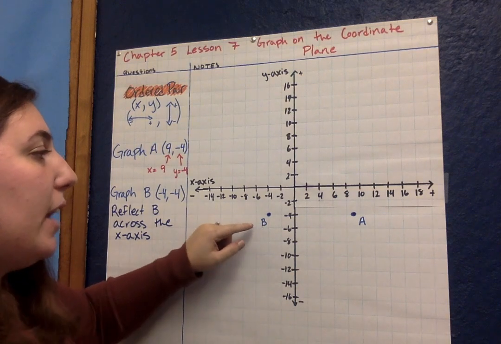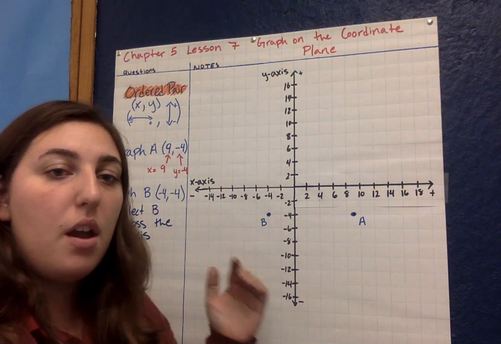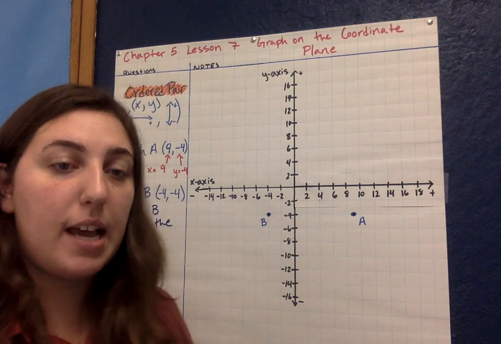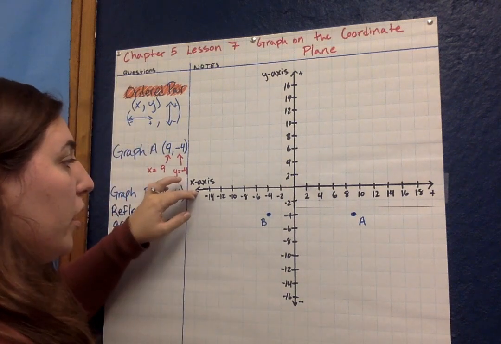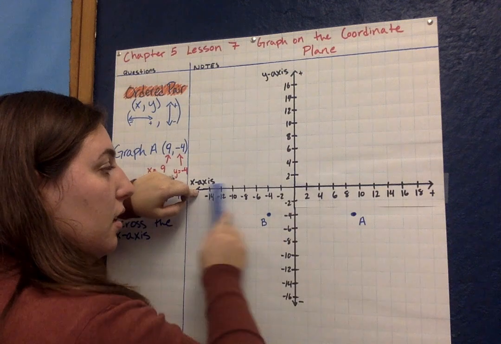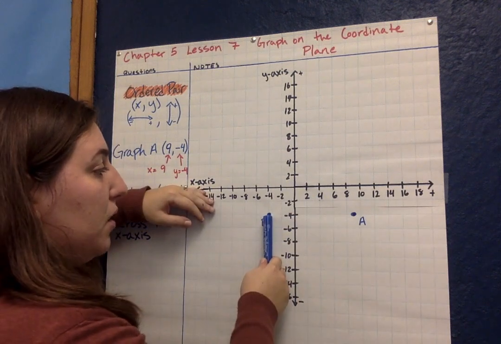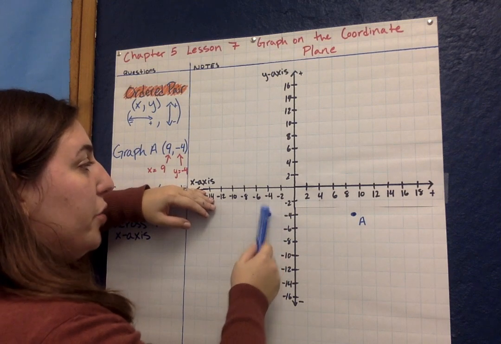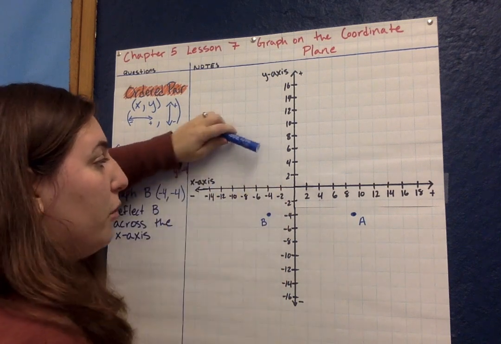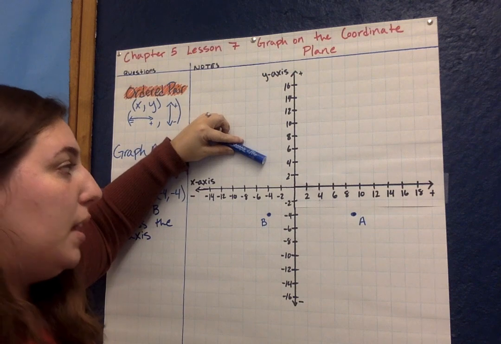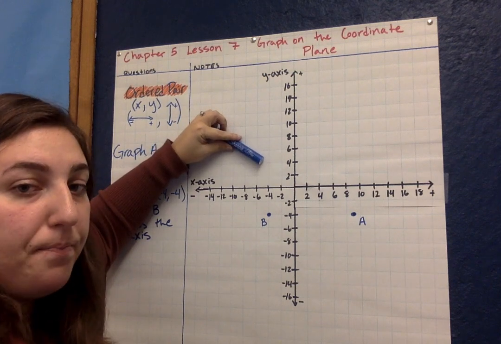We have to reflect that across the x-axis. And when we're reflecting across the x-axis, that means we're going to treat this x-axis like a mirror, okay? So if we're treating it like a mirror and point B is right here, then we should see the reflected point of B on this side somewhere.